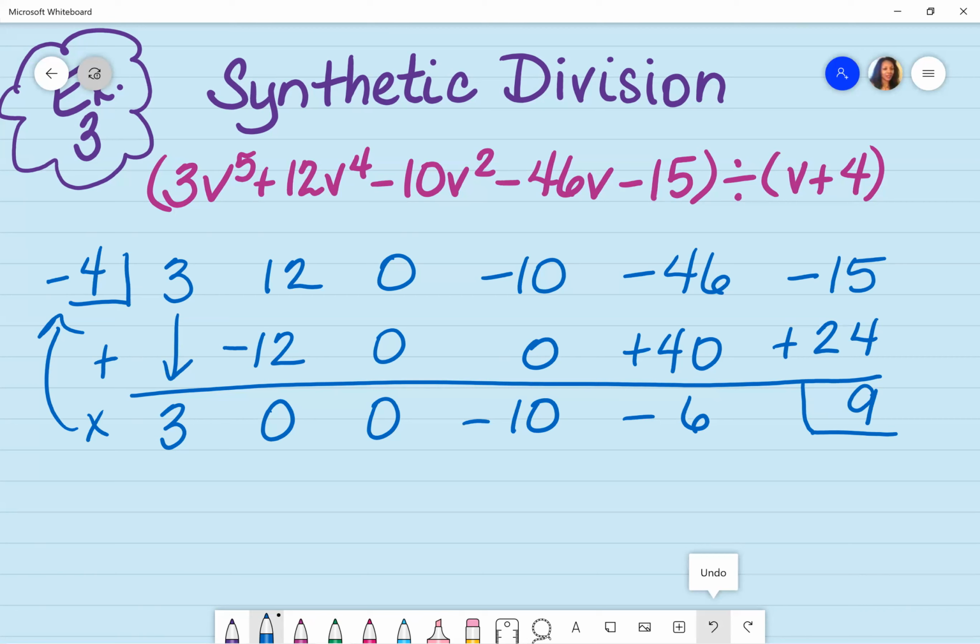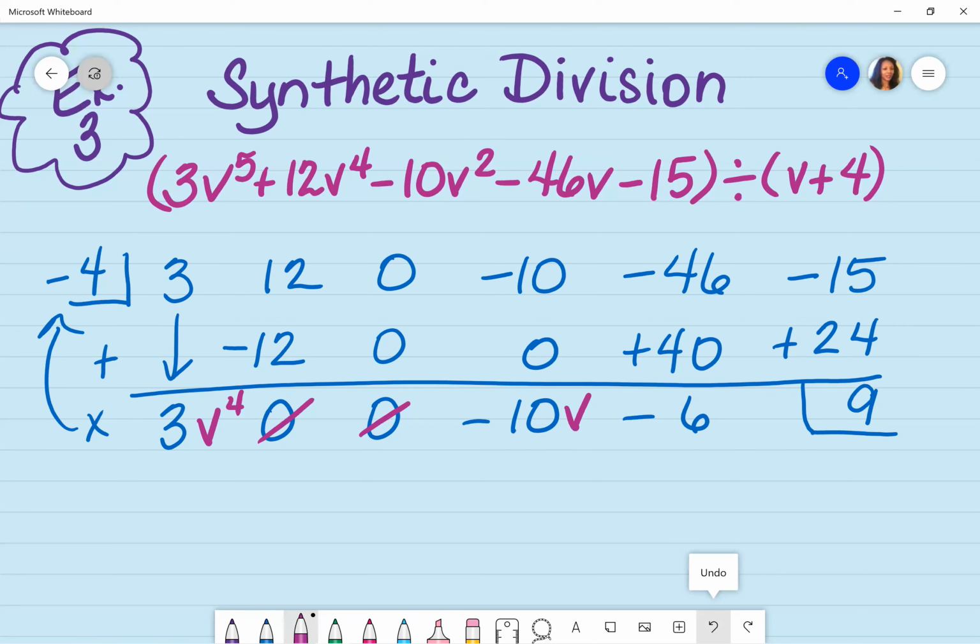Okay, so now I have to put my variables back. If my problem started with degree 5, then my answer will go down 1 degree. So instead of 3v to the 5th, it's actually 3v to the 4th. I am missing a third power and a second power. So the next one is my v. And then finally my constant.